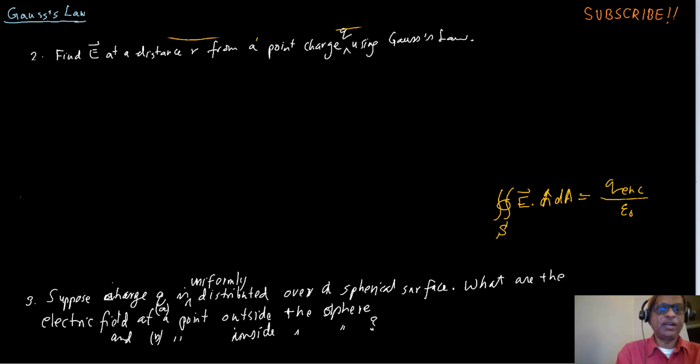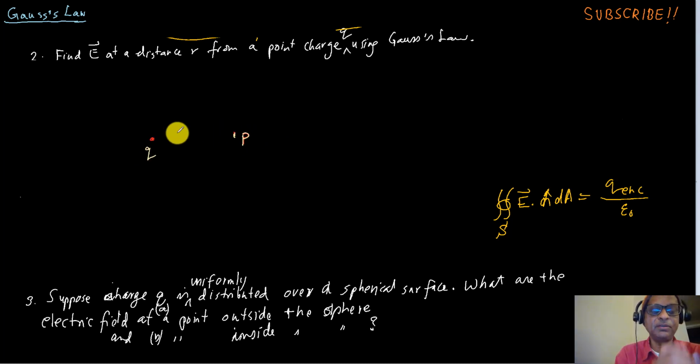Okay, so I have a charge here, and there's a point P over here, and I want to know what's the electric field. We already know the answer to this question.